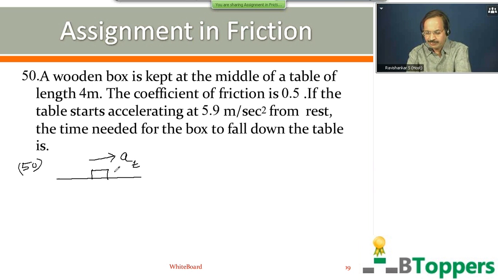One is its weight mg, which is the gravitational force on the box by the earth, which acts vertically downwards. And the normal reaction force on the box by the surface of the table acts vertically upwards, perpendicular to the surface of the table and directed away from the surface of the table.